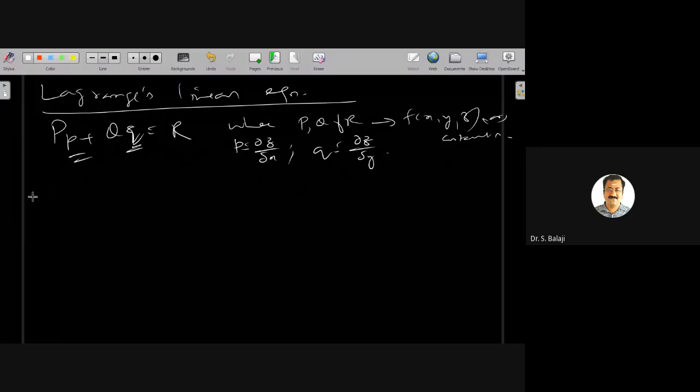To evaluate this one, you have to form the auxiliary equation: dx by P, dy by Q, and dz by R. This is very important. P, Q, R are functions of x, y, z. Therefore, you have to form an auxiliary equation to get the solution for Lagrange's linear equation.